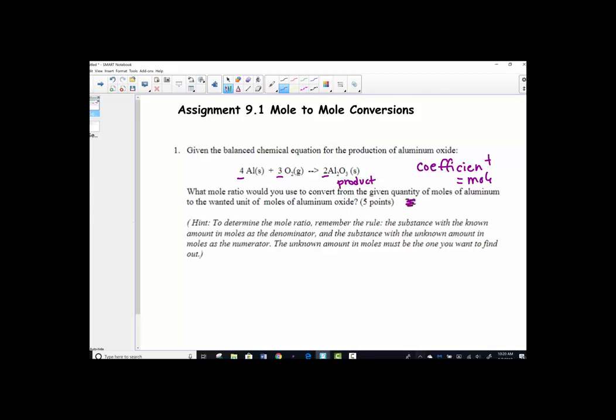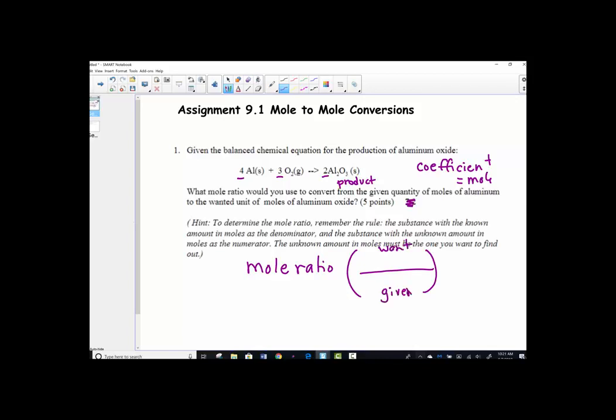So now it's going to say, what mole ratio would you use to convert from the given quantity of moles of aluminum to the wanted moles of aluminum oxide? Now remember, a mole ratio, I just want us to think about a unit of conversion where we place what we want to solve for over the given quantity.